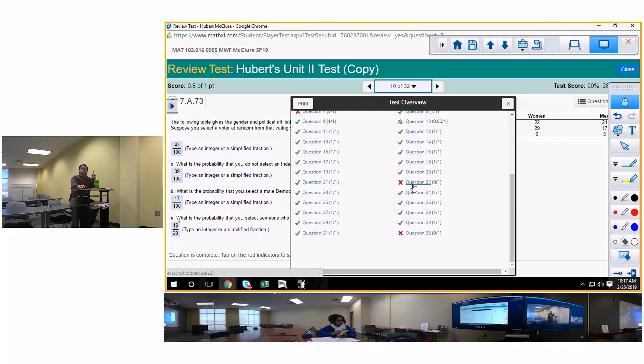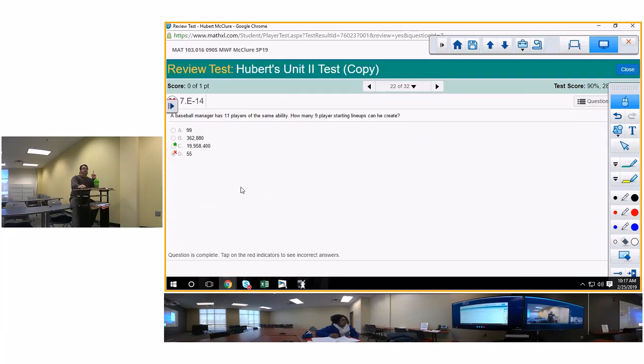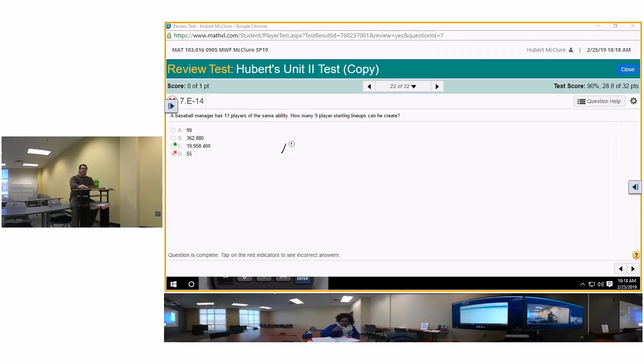Number 22. Starting lineups, I guess that's order. Check to see if 11 permutation of 9. I guess I'm just illiterate. 11 permutation of 9. See, I'm used to order meaning first, second, and third. I'm used to that. But it's saying, is that the right answer? Okay.